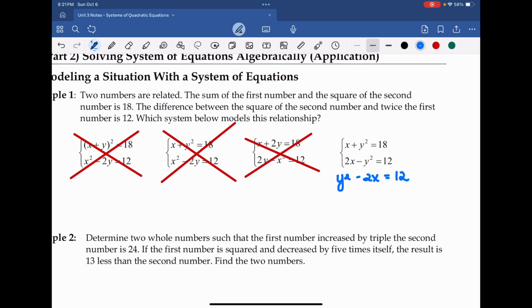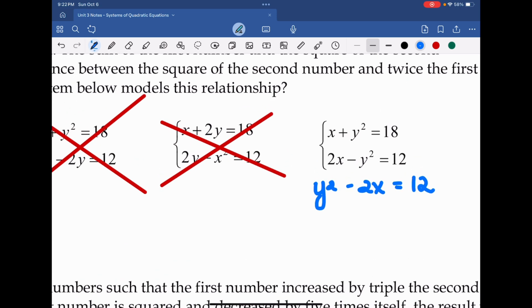That was the indication they gave us, not the other way around, because the order does matter in these sentences. When they say the difference between, and then list a term and then the next one, they're telling you in a particular order. And because this one has double the first number minus the second number squared, that's not the way they asked it. They asked it in the other order. Therefore, this also doesn't work.